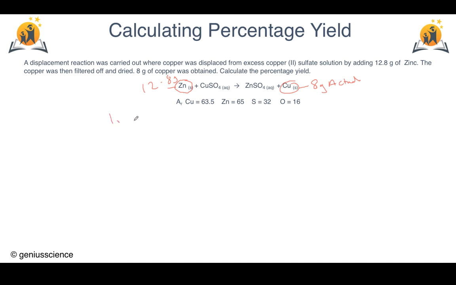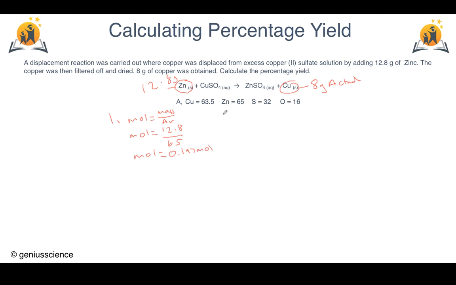So step number one, we need to work out the number of moles in 12.8 grams of zinc, and using our equation moles equals mass over relative atomic mass because we're doing it for zinc, that's moles equals 12.8 grams divided by 65, the relative atomic mass for zinc, giving us to three significant figures, 0.197 moles.